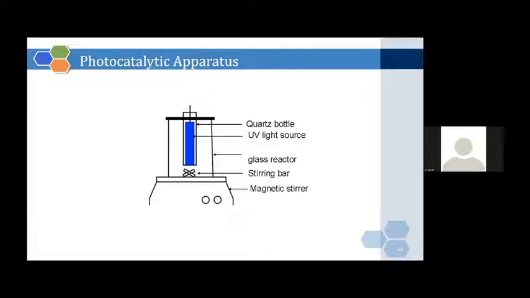The solution was stirred using a magnetic stirrer and supplied with oxygen by air pump to ensure solution homogeneity. The UV lamp used was 254 nanometer wavelength as an irradiation source. Prior to irradiation, the solution over the catalyst was kept in the dark for 1 hour to attain adsorption equilibrium.